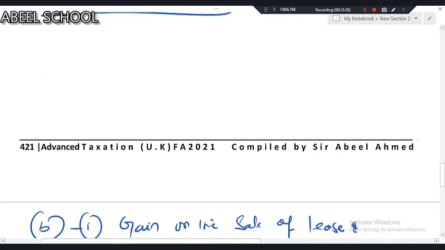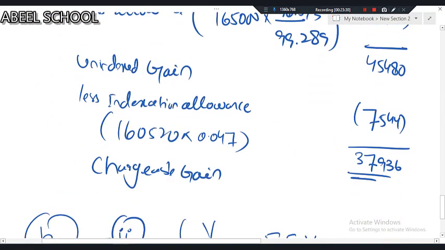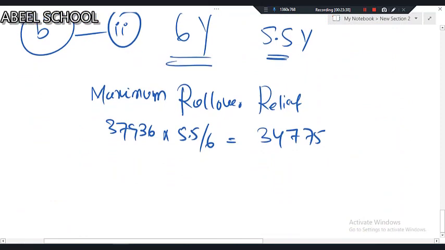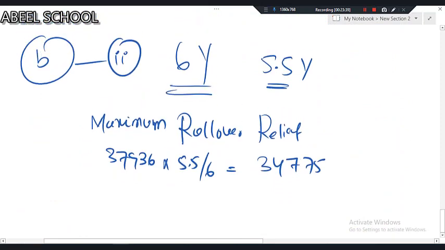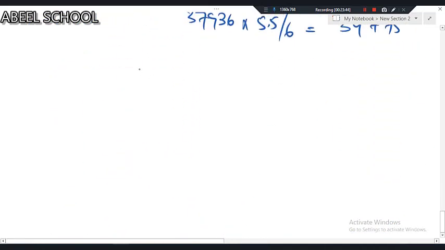Now it means few more things. It means how much maximum Kelp needs to reinvest in order to get the rollover relief of 34,775. The sale proceed is 206, which means that if Kelp Limited reinvests within the qualifying period, how much amount?